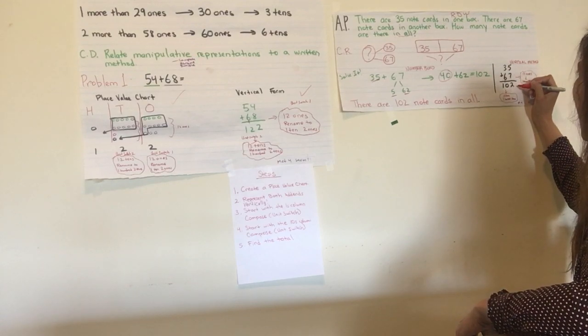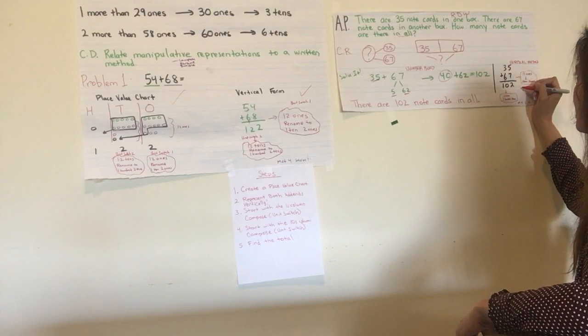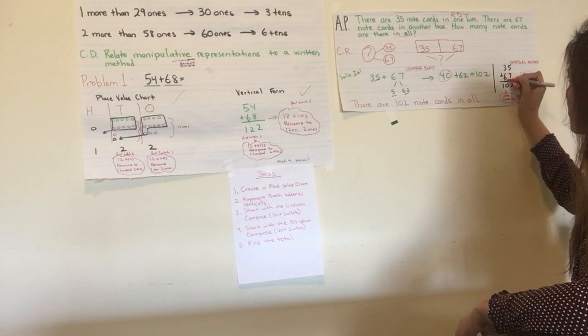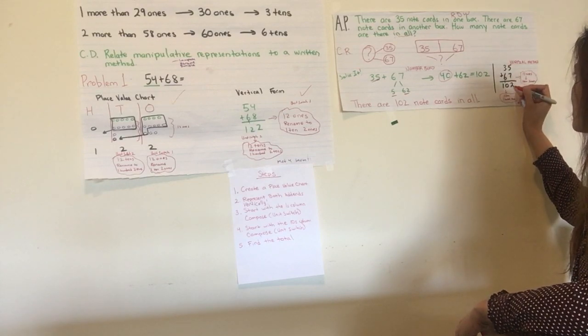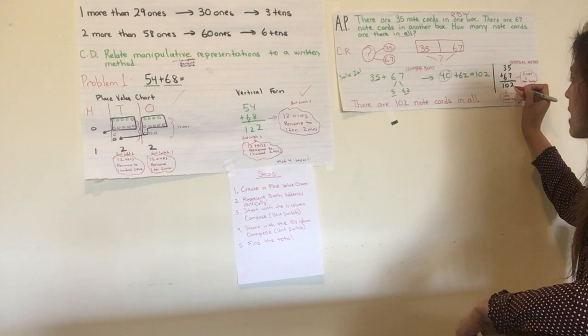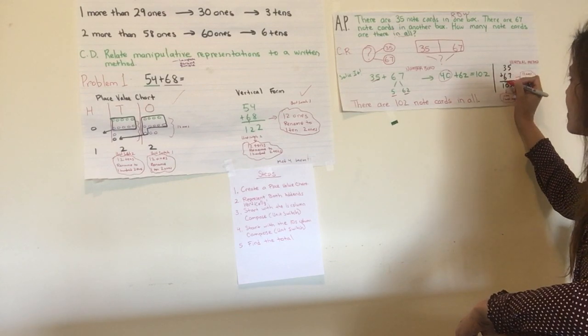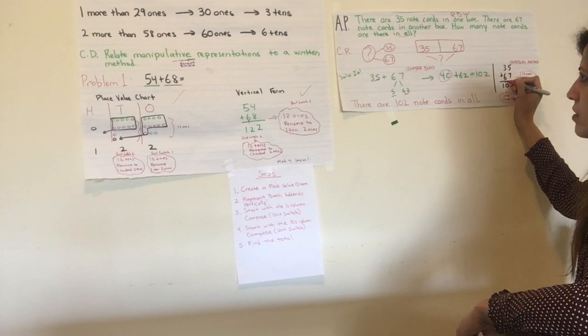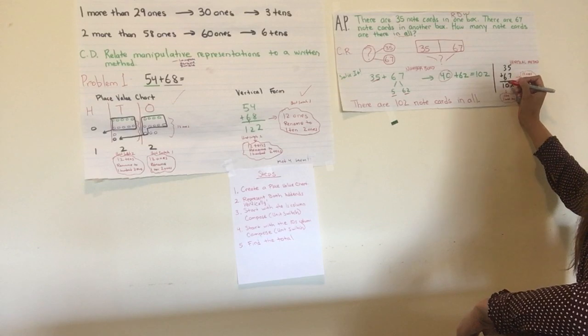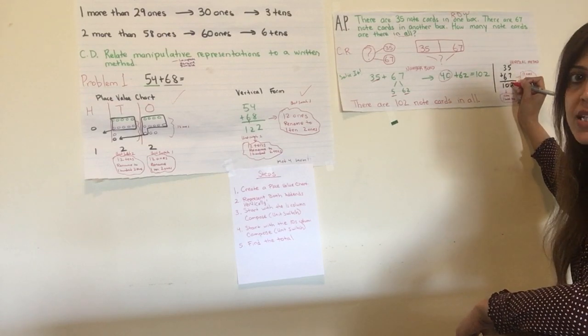I'm going to take that 12 ones and rename it to 10 ones and 2 ones. I'm going to keep the 2 ones in the ones column. I'm going to take the 10 ones and put it in the tens column. I am bundling this, correct? I am renaming, I'm composing. So I'm conducting basically a unit switch.